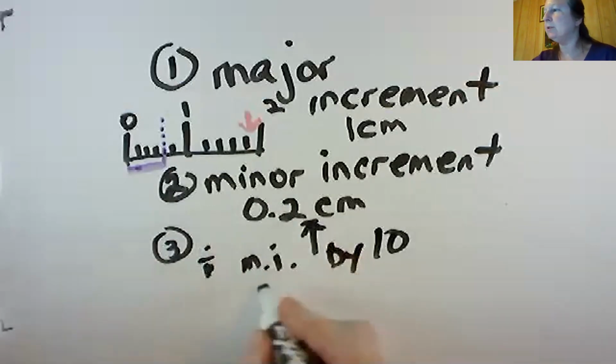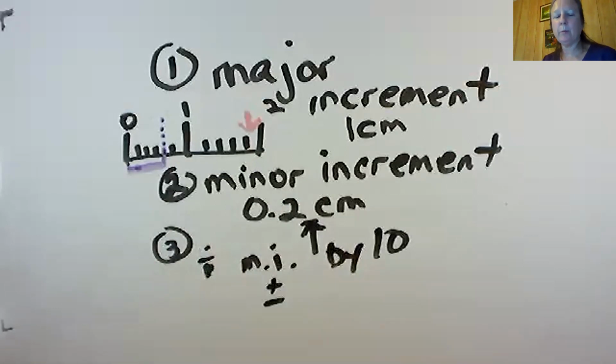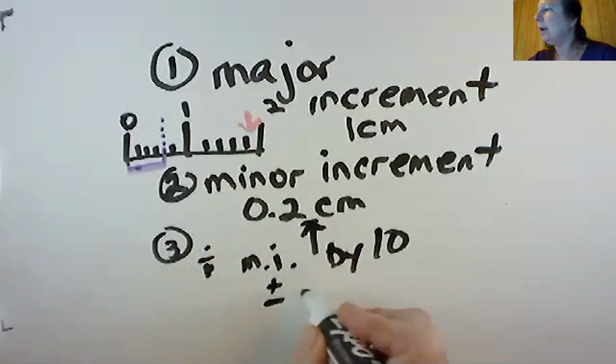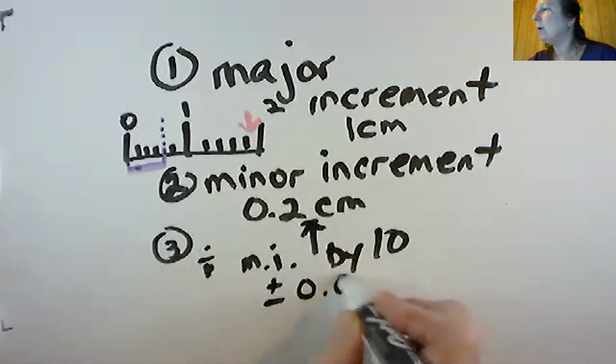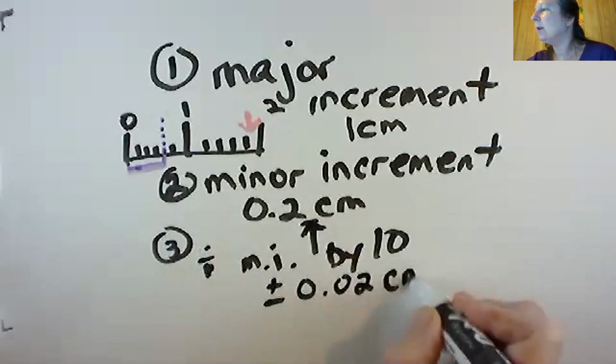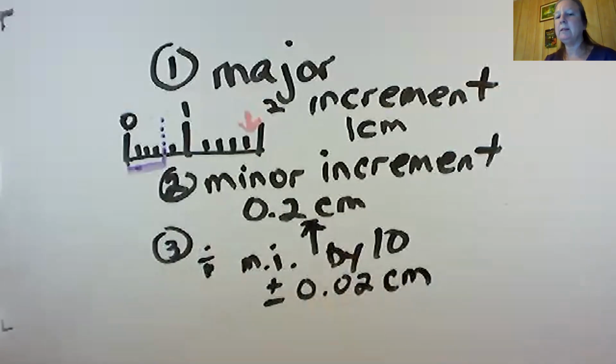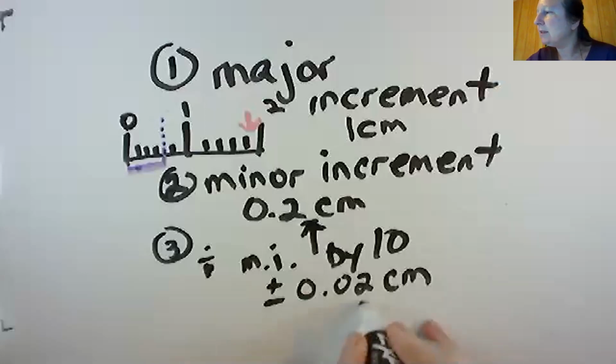So here, my uncertainty, and we'd call that plus or minus, is going to be 0.02 centimeters. What does that mean? It means that my reading and somebody else's reading is within this of being the real number. That's the uncertainty. We can't be absolutely positive.